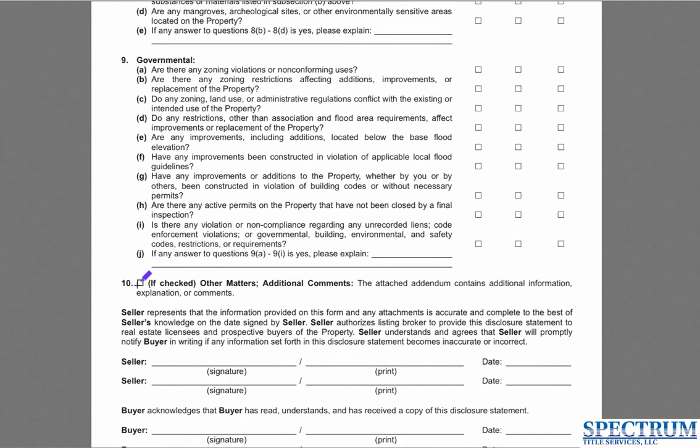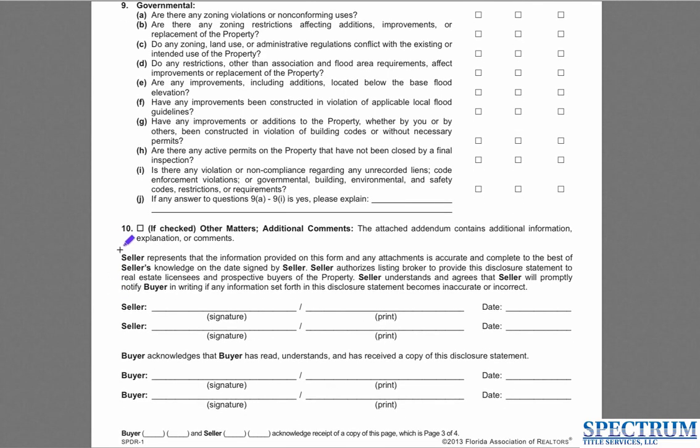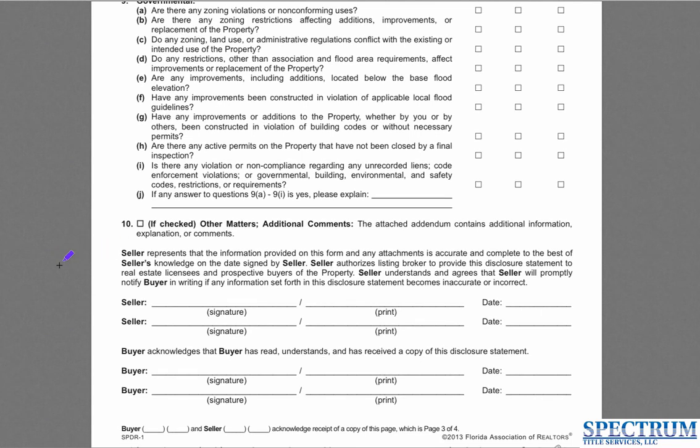Okay, 10, the seller is going to check this if they're using that additional page for additional comments, information, etc. Alright, now above the signature line: seller represents that the information provided on this form and any attachments is accurate and complete to the best of seller's knowledge on the date signed by seller.